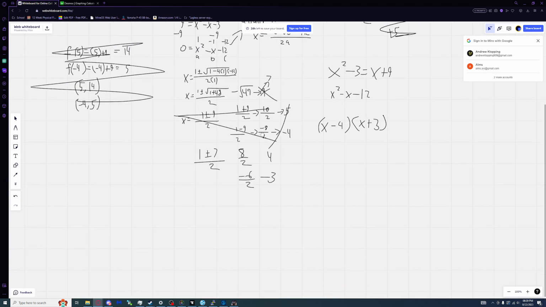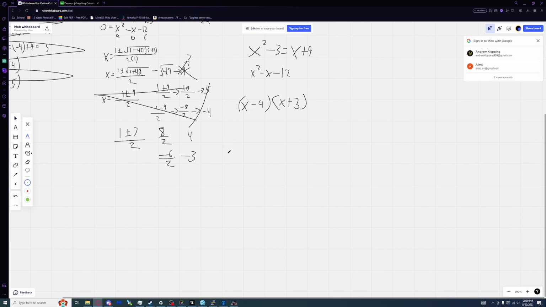So now, plugging those values into the equation, we will get f of 4, for 4 plus 9, gets us 13. So our first point is at (4, 13).